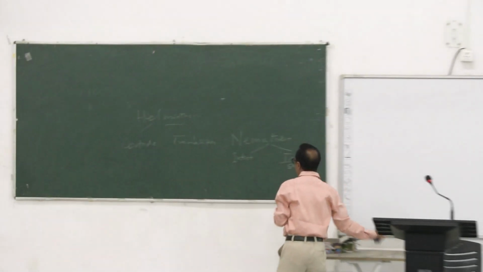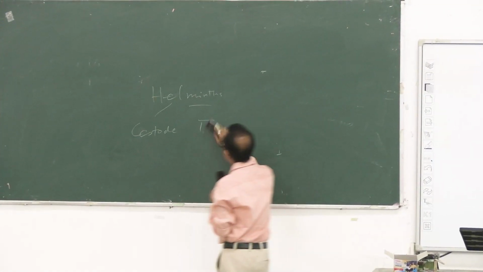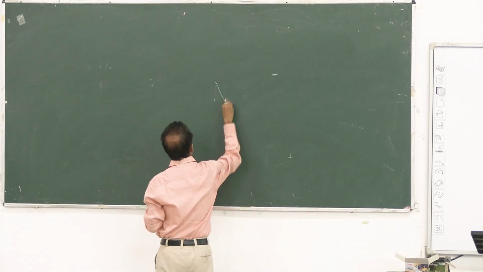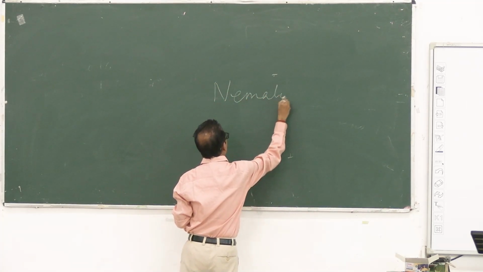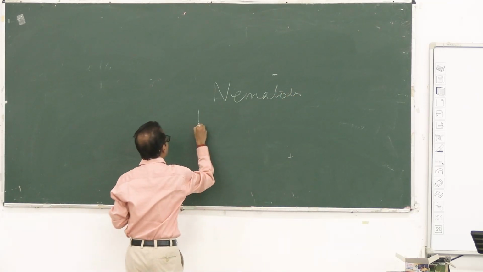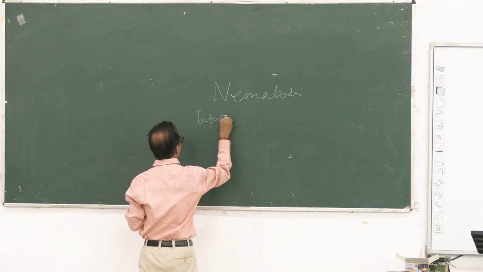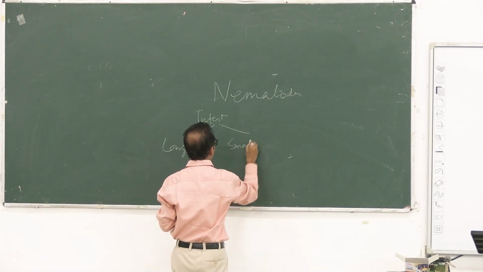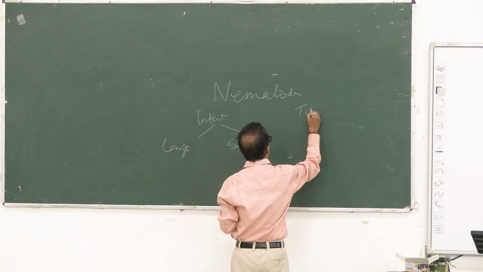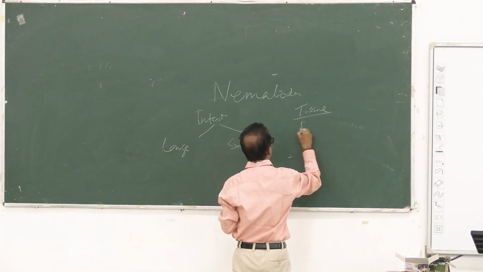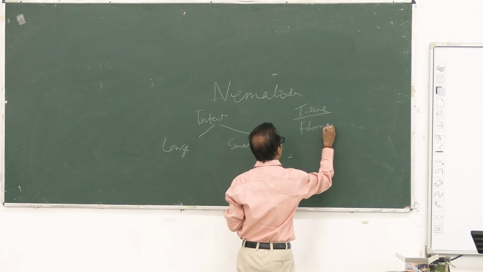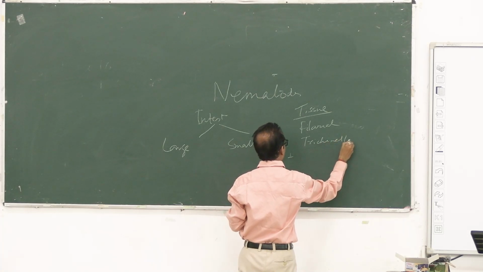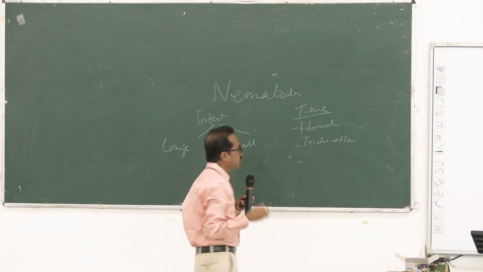One is intestinal, that is divided into large intestine and small intestine, and tissue: filarial worm, Trichinella. These are tissue.